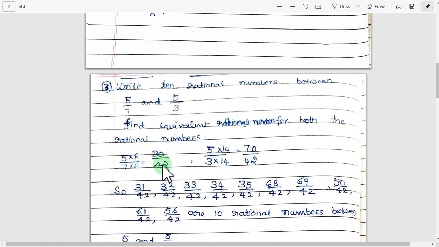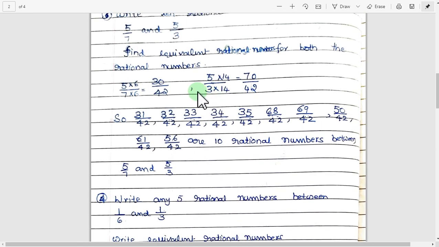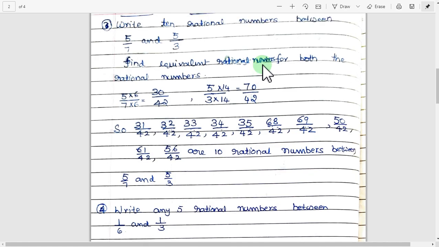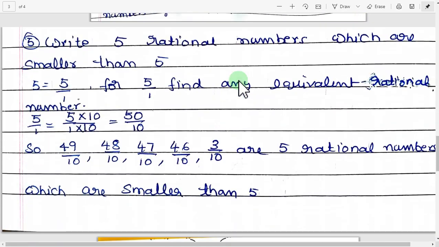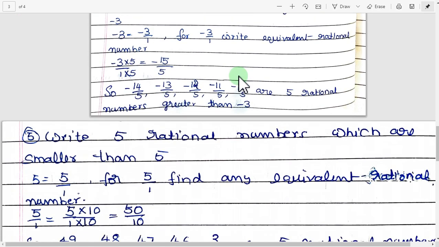Same thing, like the other sum, 42 and here also 42. You will get different numerators, and write 10 rational numbers in between those two. So these are the 5 example sums.